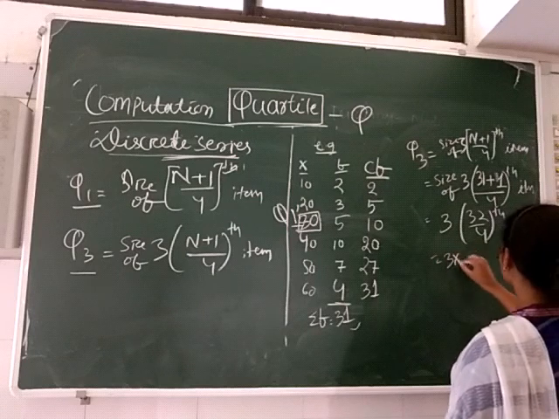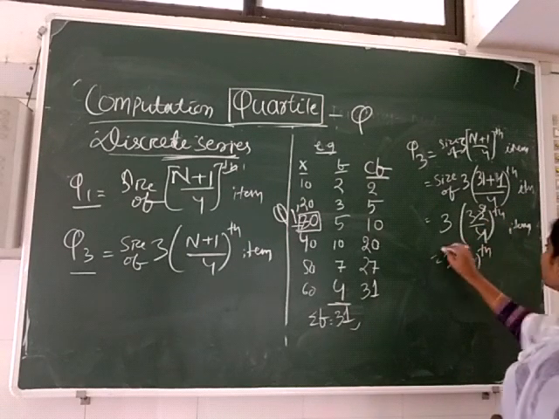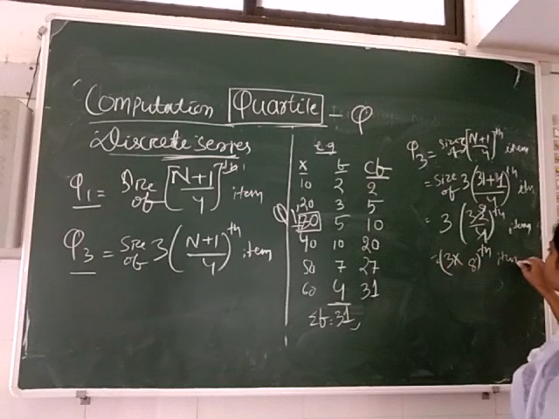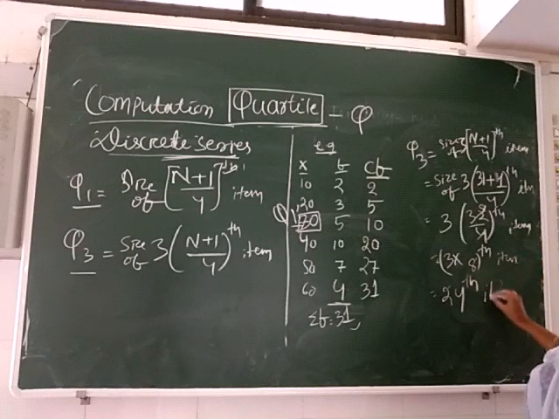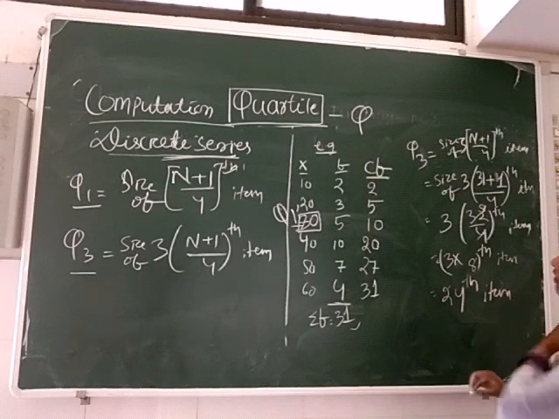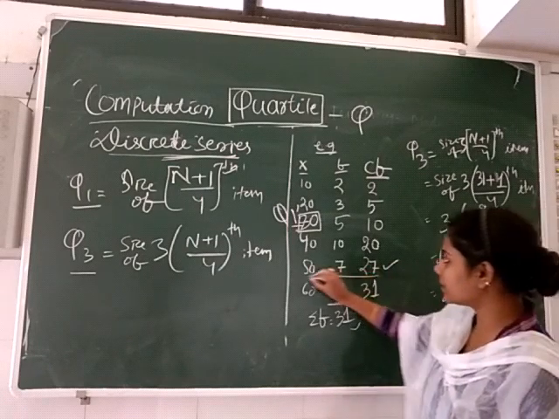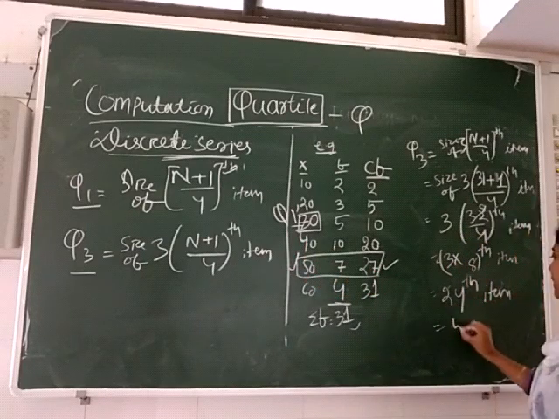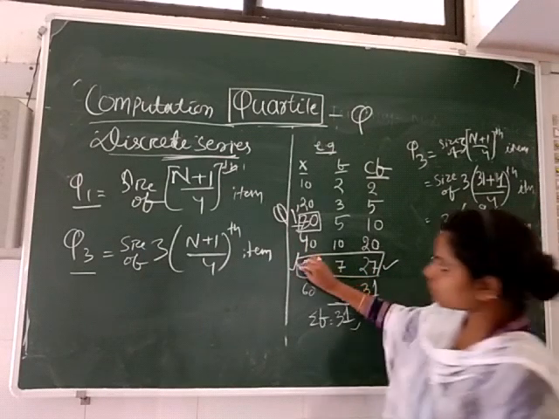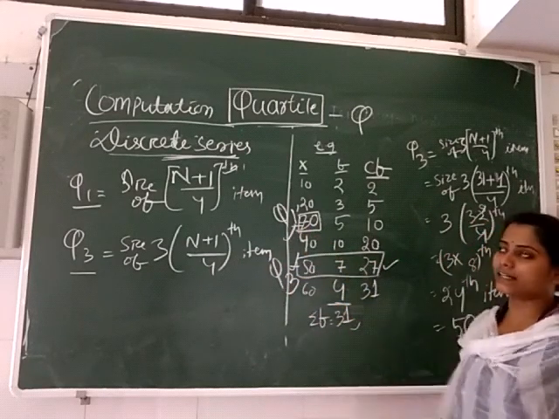That means 3 into 8th item. That means the position is 24th item. So here the 24 comes under 27. So that means the Q3 will be 50. So Q3 is 50 and Q1 is 30.